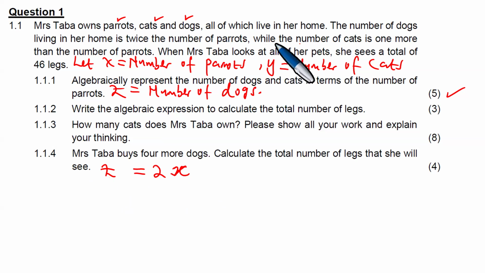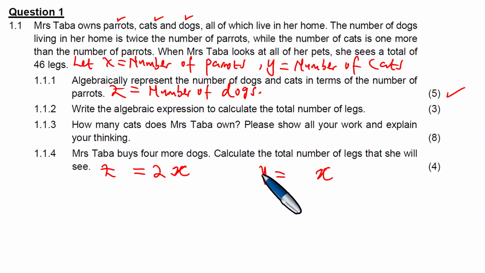Next, the number of cats is 1 more than the number of parrots. Let's look at the cats. Now, Y represents the cats, and the parrots, X. We want to convert this sentence that says the number of cats is 1 more than the number of parrots into an equation.